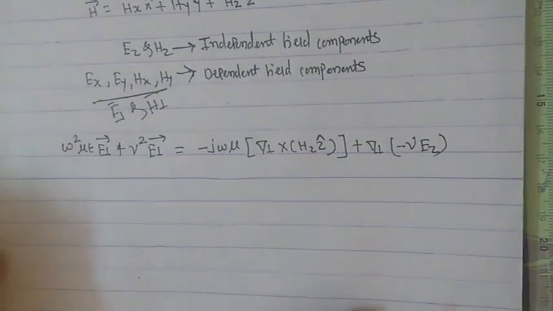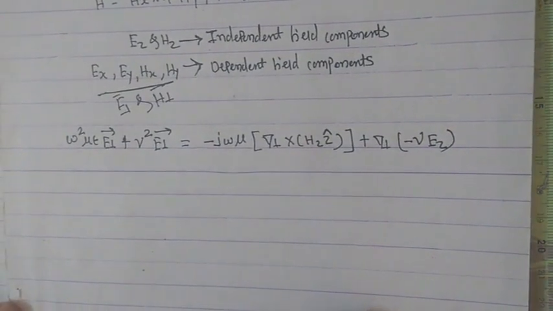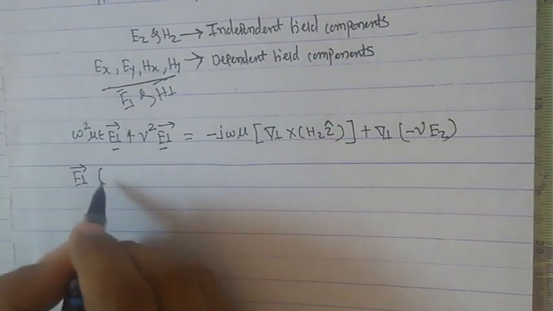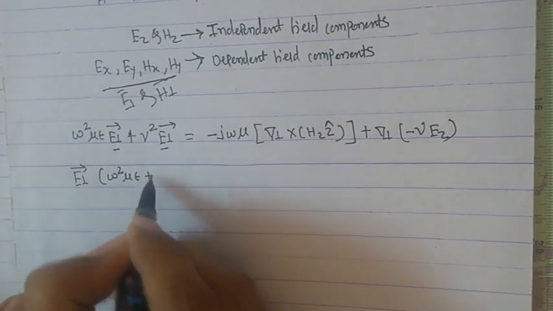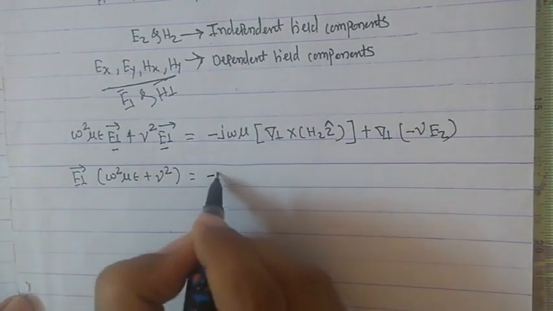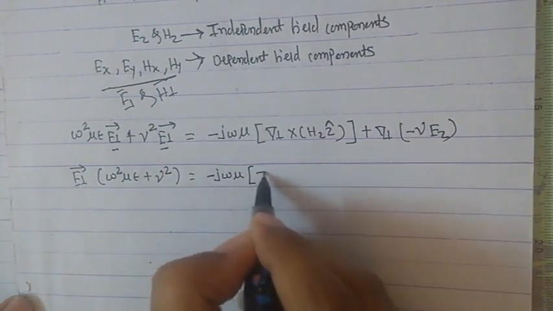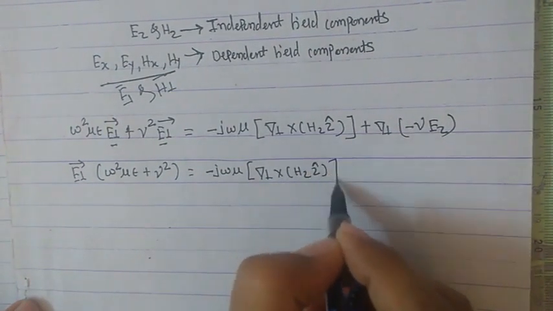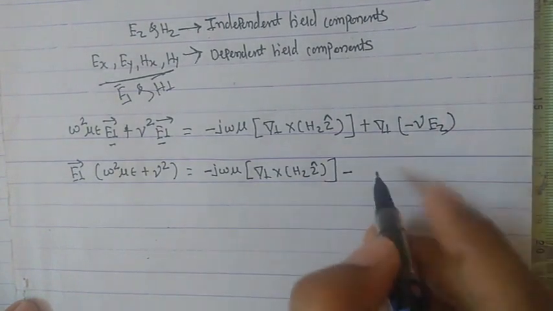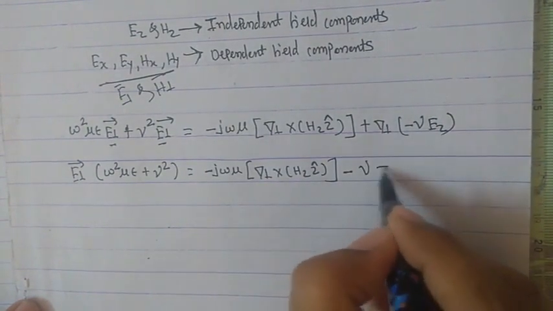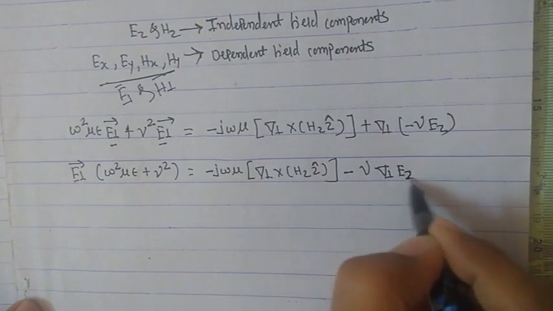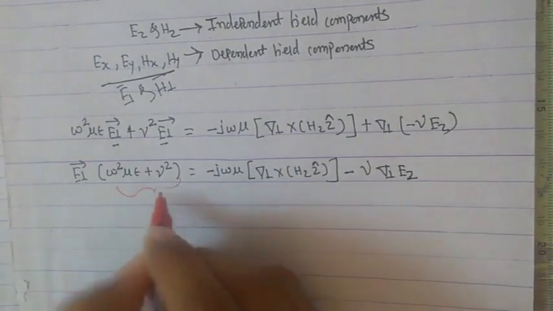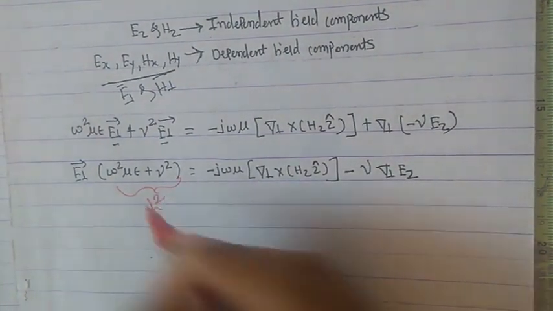Now let us rewrite this by taking E transverse common from the left hand side. E transverse times omega square mu epsilon plus gamma square is equal to minus j omega mu del transverse cross Hz. This minus sign I have taken with gamma del transverse. The term inside the bracket on the left hand side is called h square.